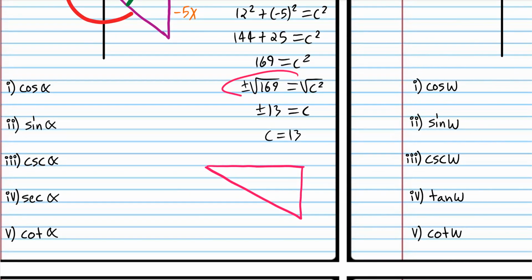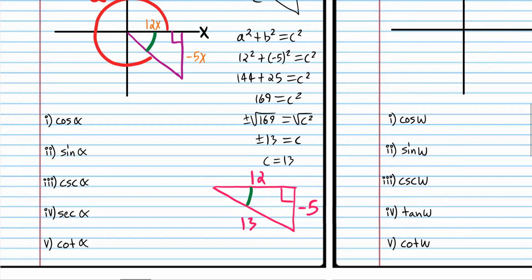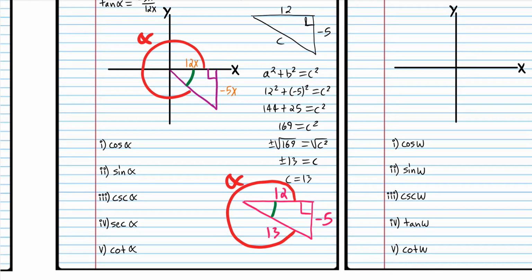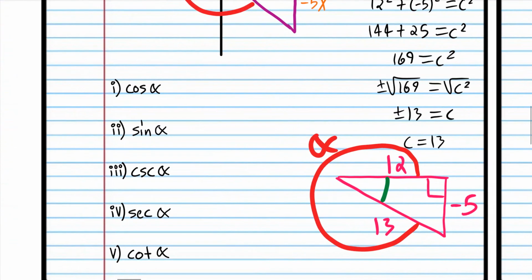And you don't need to show this step here. You can skip that if you want. So this side is -5, this side is 12, this side is 13. We have our green reference angle, and the actual angle in question is this red angle here, which is alpha. So now we're ready to find our ratios.